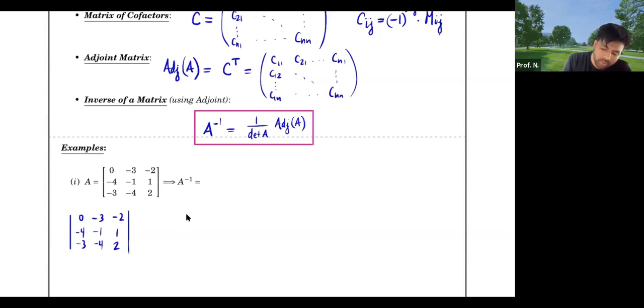Okay, so let's do the trick. So this is going to be 0, -4, -3, -3, -1, -4, right? So we have this diagonal, and this diagonal.